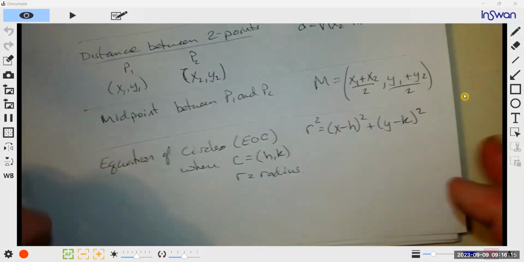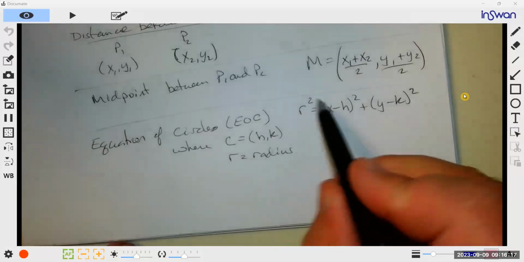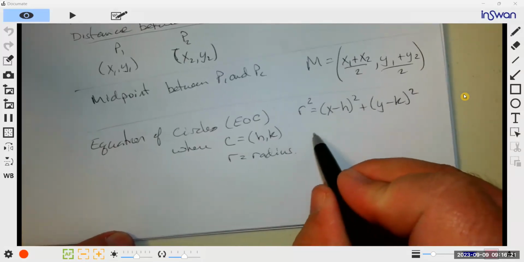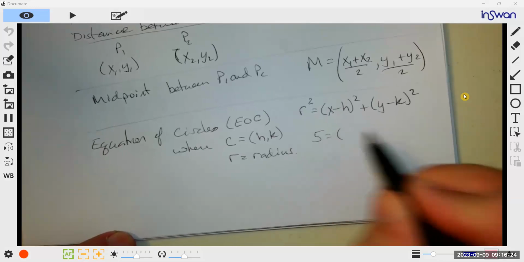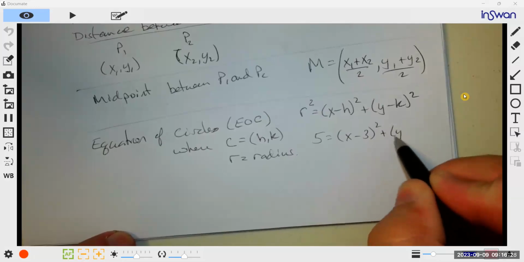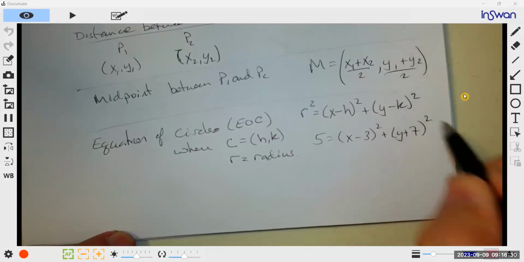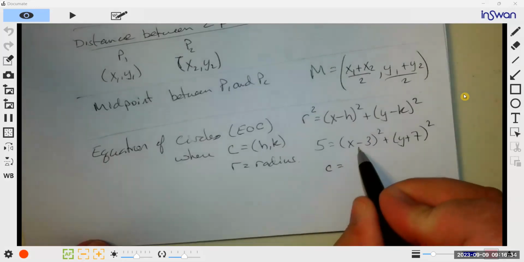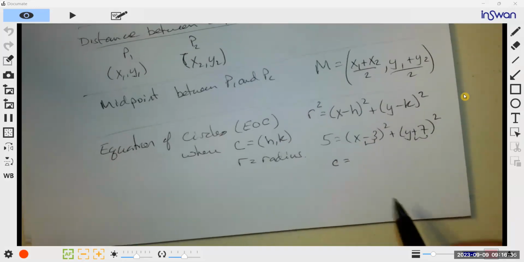Be very careful. If your equation doesn't have a square root, let's say I gave you this question, the center is at these points.